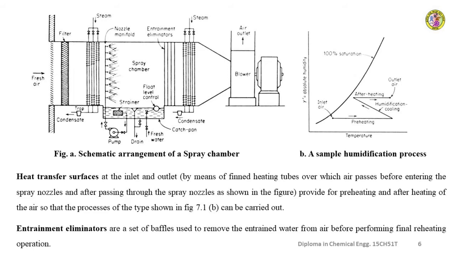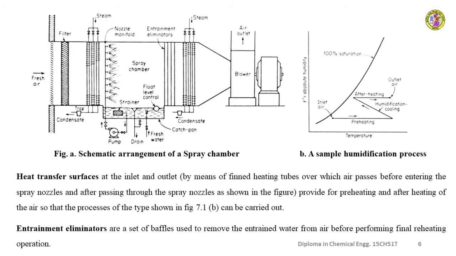We all know how to represent a humidification operation on a humidity chart. A sample humidification process is shown in figure B. Here the preheating is done for the air from its initial dry bulb temperature. After increasing its temperature, it is contacted with the water adiabatically. Thereby the adiabatic cooling takes place and the air will become humidified.